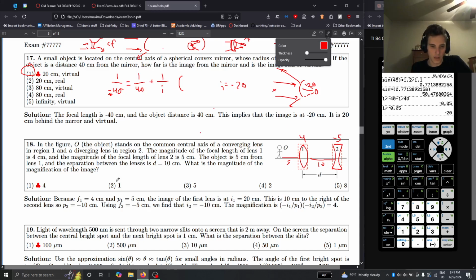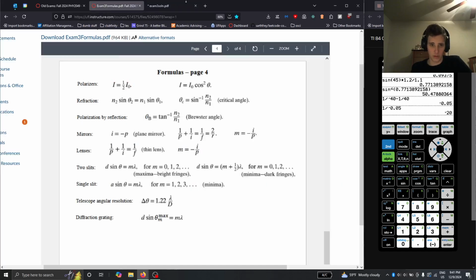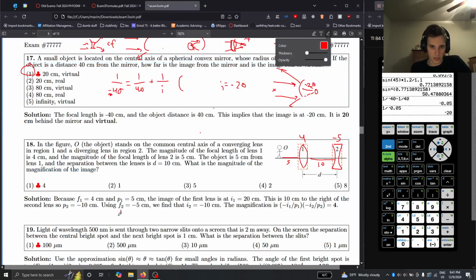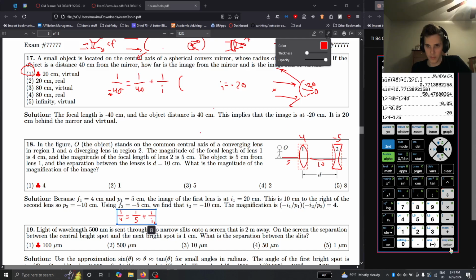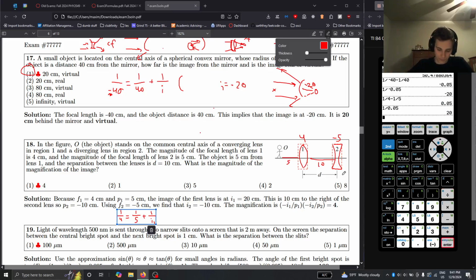Again, this is the formula we're going to be using. 1 over f, which is 1 over 4 for this first lens, is equal to 1 over 5, the distance here, plus 1 over I1, I'll call that the first image. So 1 over 4 minus 1 over 5. So that's 20.